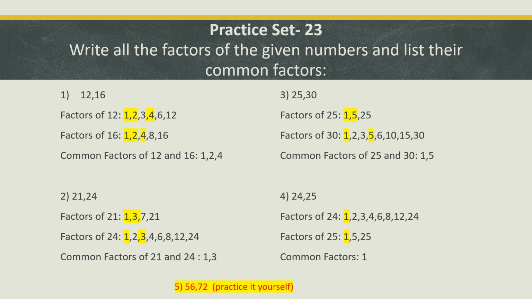Then 24 and 25. Factors of 24, 1 2 3 4 6 8 12 24. Factors of 25, 1 5 25. So which is the common? 1. Now remember children, here 24 and 25 is the question. 24 and 25 are consecutive numbers, that is the numbers which just come after the first number.